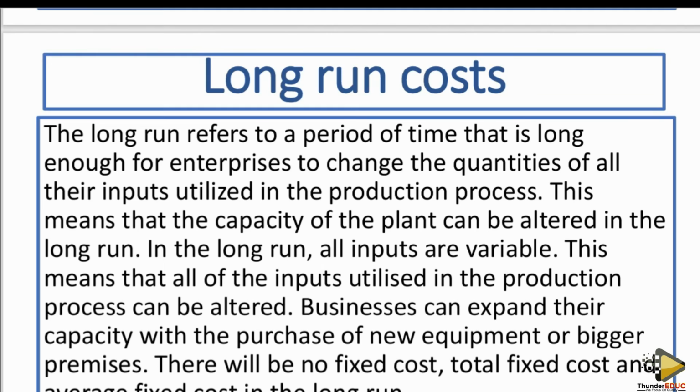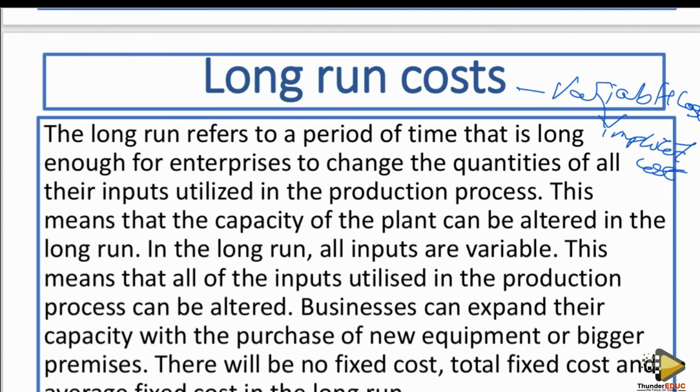Now remember long run costs. These are the spending that is in line with the variable costs, and remember variable costs are in line with the implicit costs. Always bear in mind that is the case prevailing on the ground.